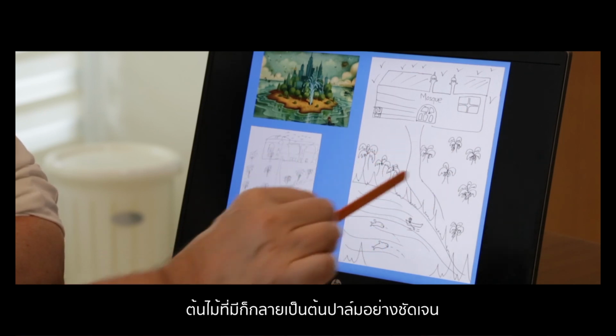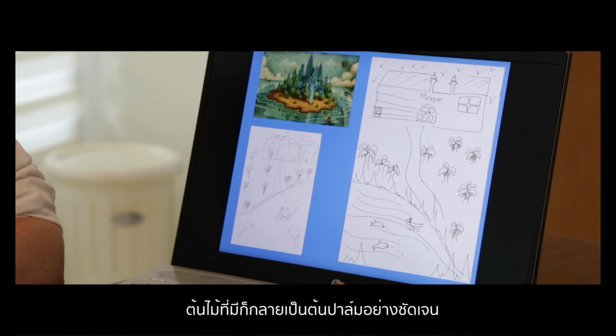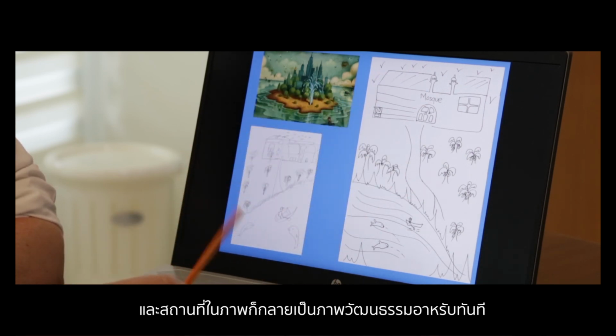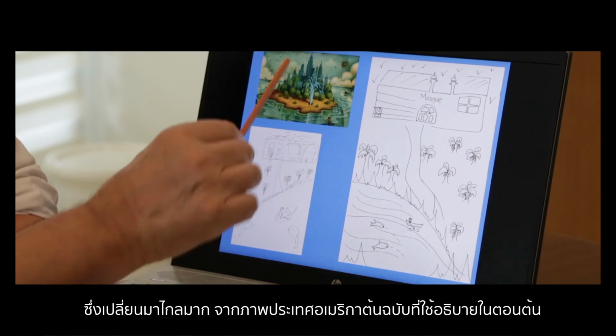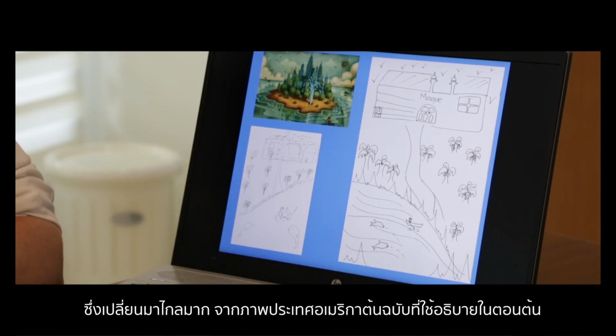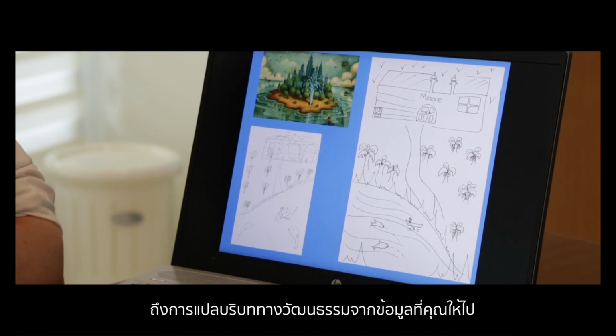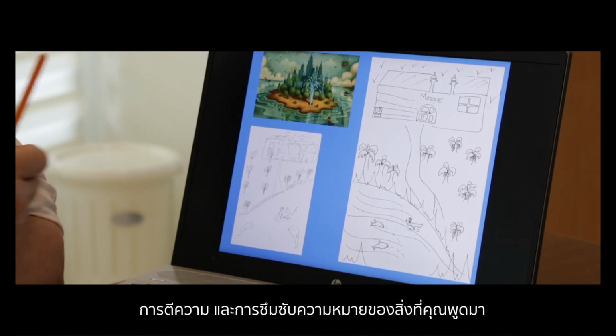And these trees are even more like palm trees now, and this has become a complete Arabic cultural image, very far removed from the original American image that it started with. But it shows you very clearly how the cultural context into which the information you are giving is being translated and absorbed in the meaning of what you say.